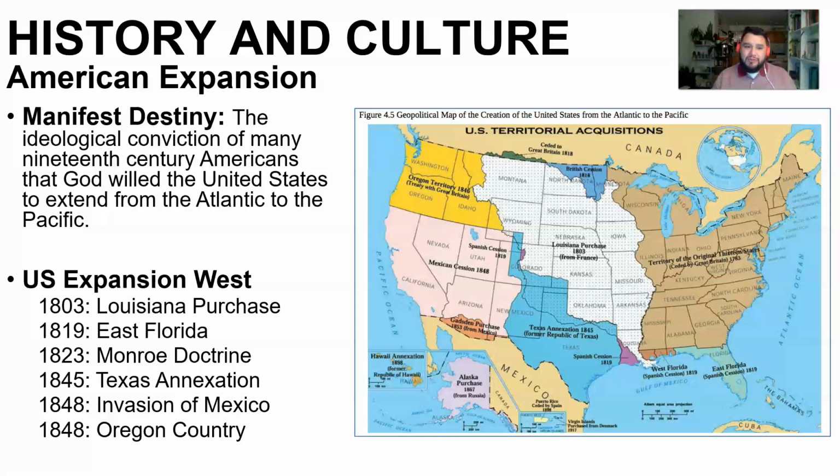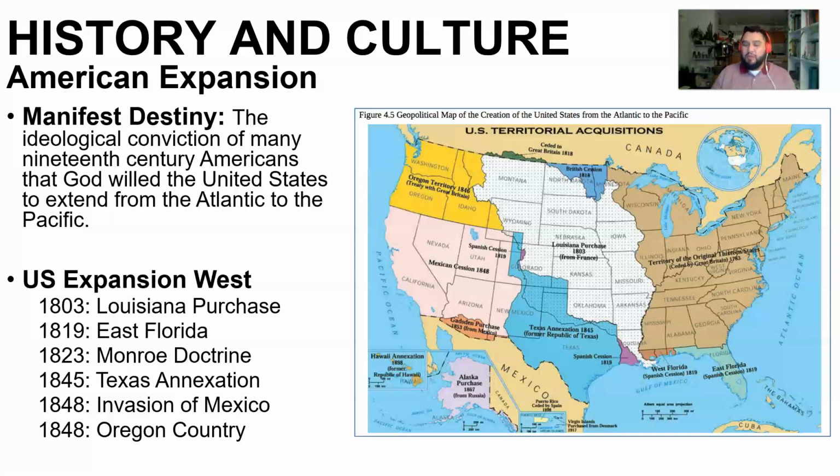U.S. expansion west is also going to come with the annexation of Texas, which is basically Anglo settlers that were invited by Mexico to settle Texas. They then begin to rebel, and they declare the Republic of Texas, so the United States then comes and helps them, and eventually Texas is annexed, right?